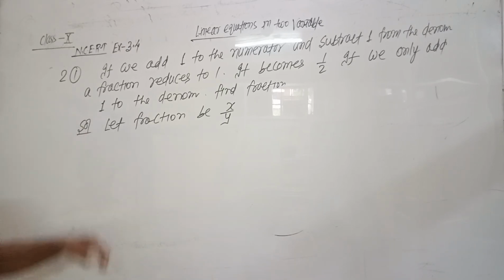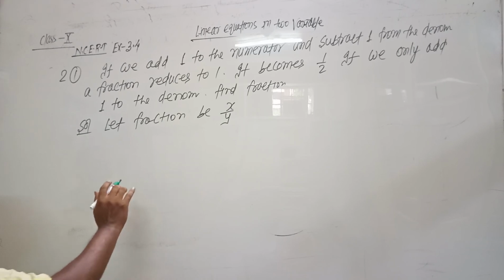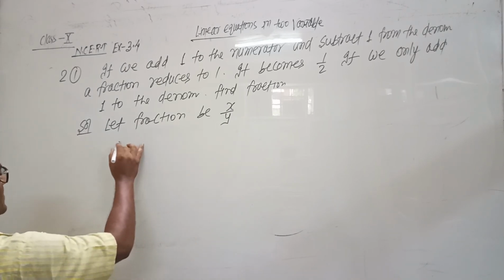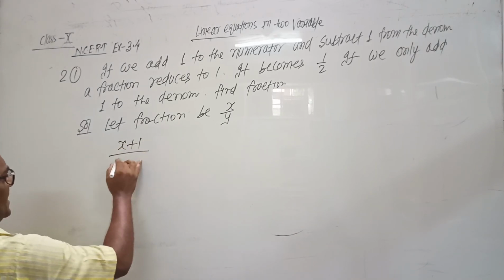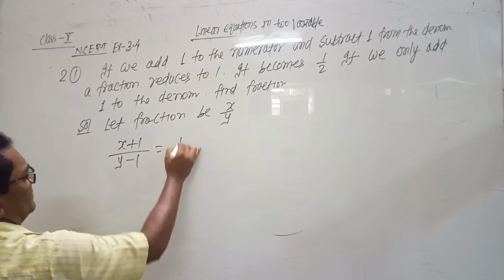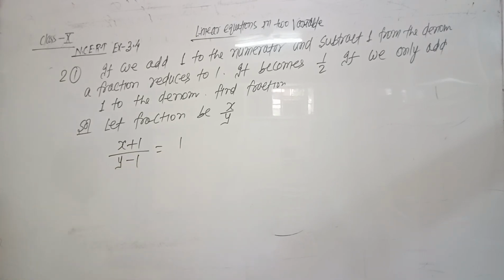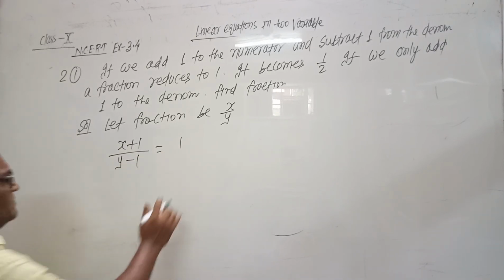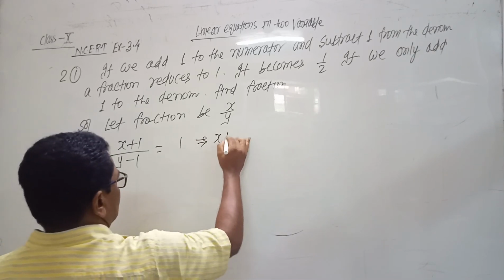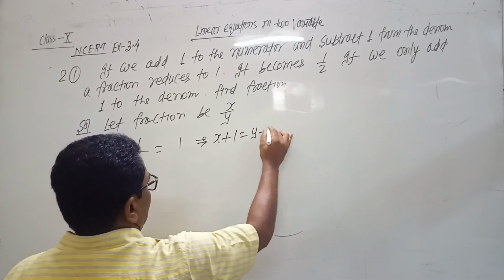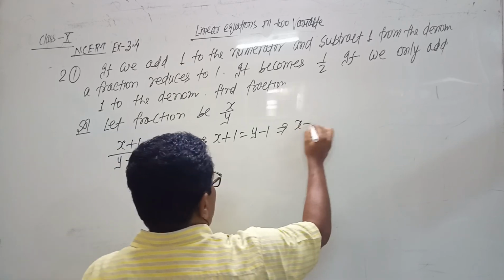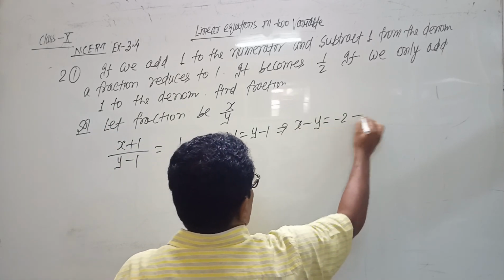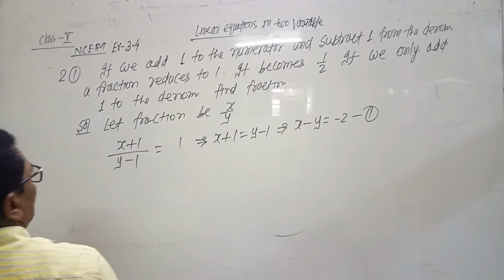Now according to the question, if we add 1 to the numerator and subtract 1 from the denominator, so x plus 1 by y minus 1, the fraction reduces to 1. By cross multiplication, x plus 1 equals to y minus 1 and x minus y equals to minus 2. First number equation.